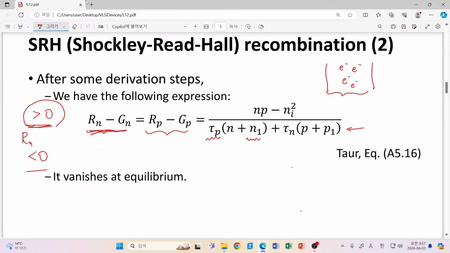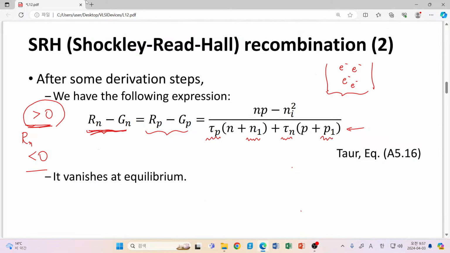However, n1, have you seen it before? No. And tau sub n, you have never seen it, and also p sub n. Their physical meanings should be found by following the derivation procedure. That's the reason why I strongly recommend you to visit the library or some website. Then you can read through the derivation procedure of this SRH model.